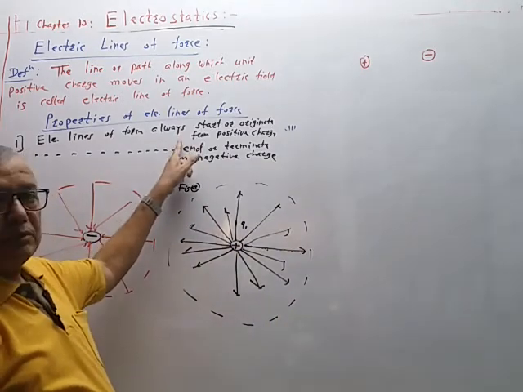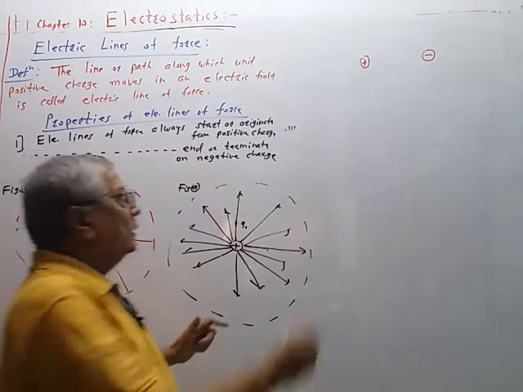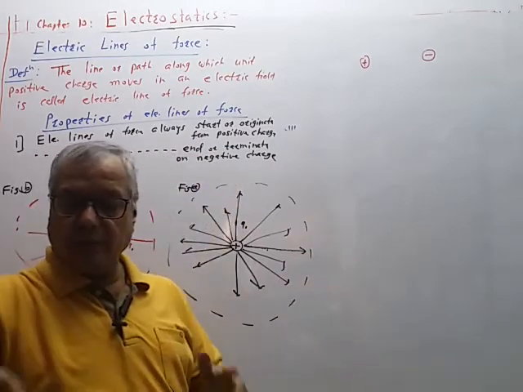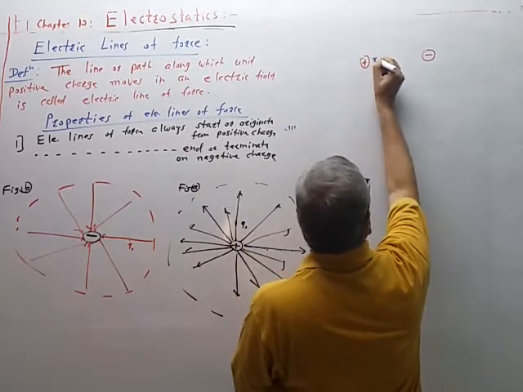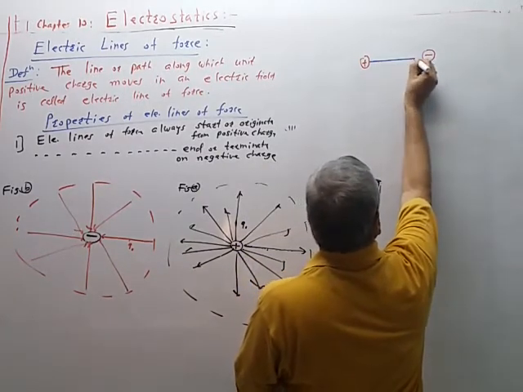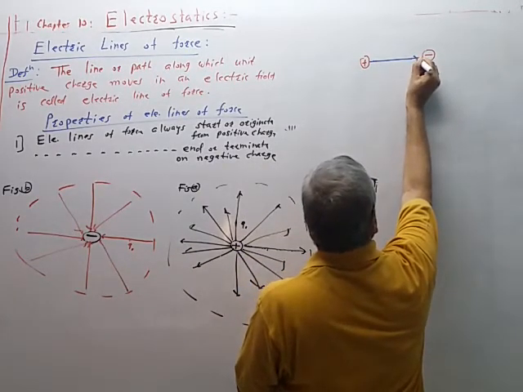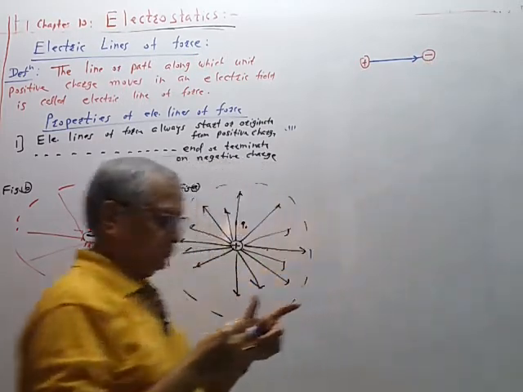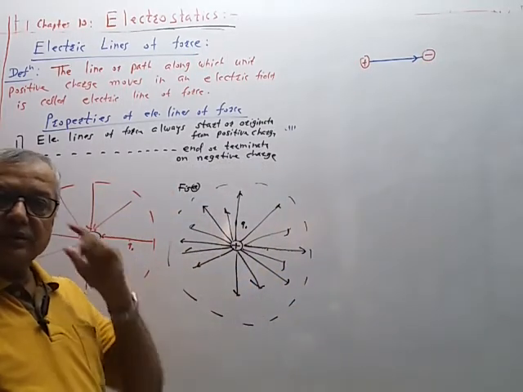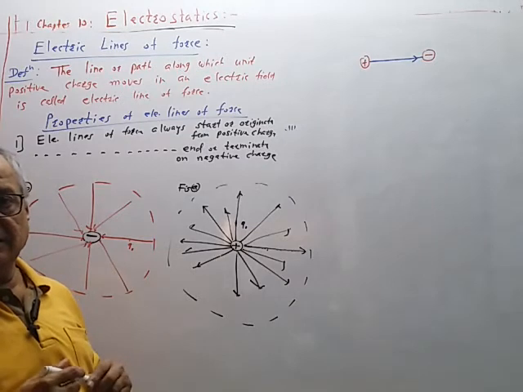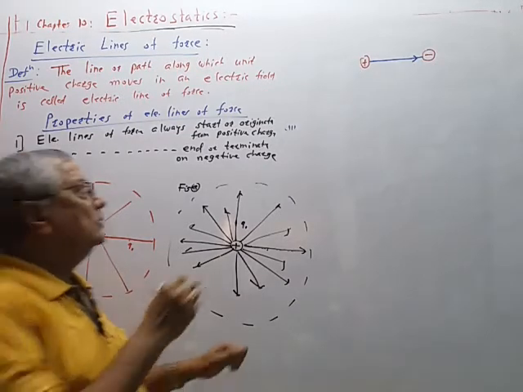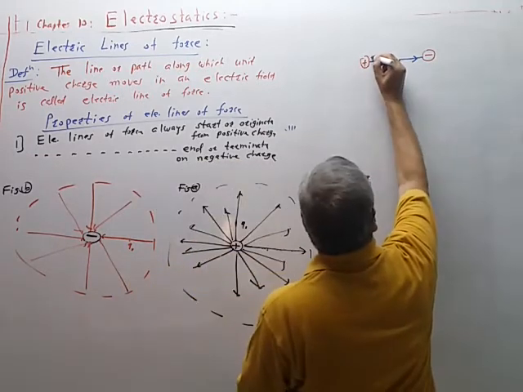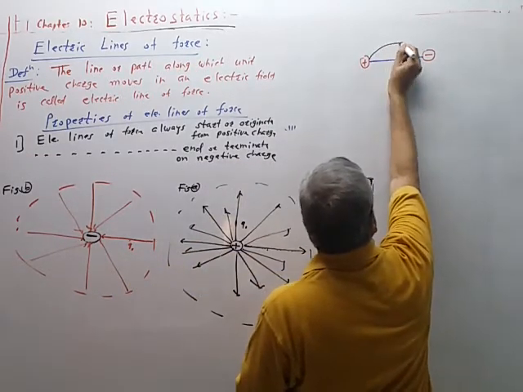So by using this property, how we can show the pattern? The electric lines of forces will start from positive and end on negative. So this is the one line of force. The other lines of forces will not be a straight line, but they will be a curved path.